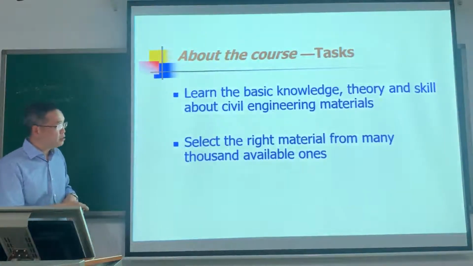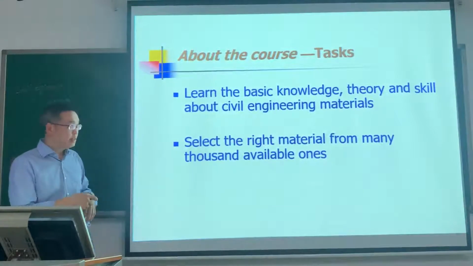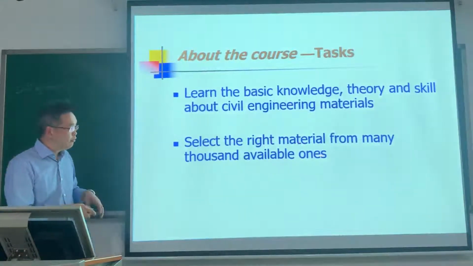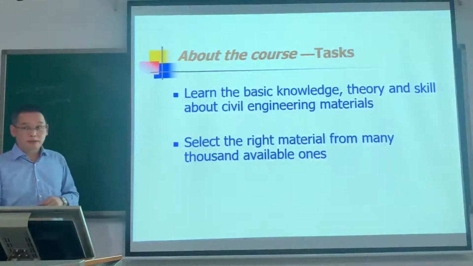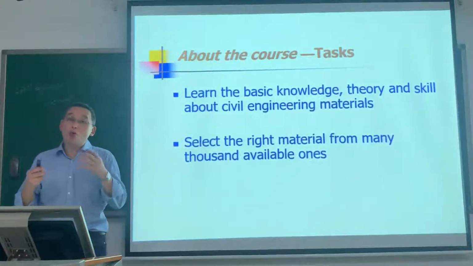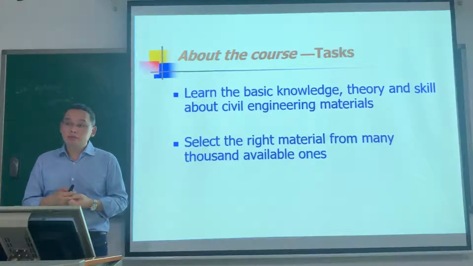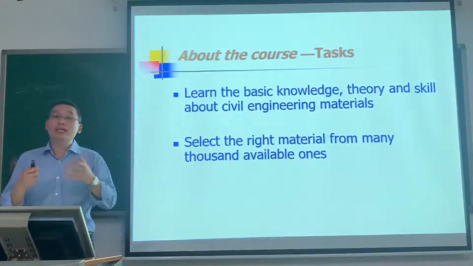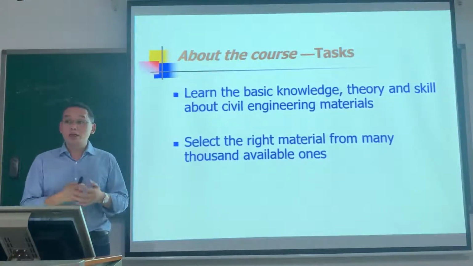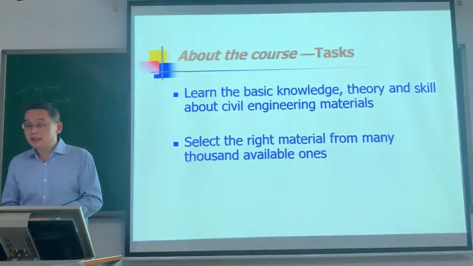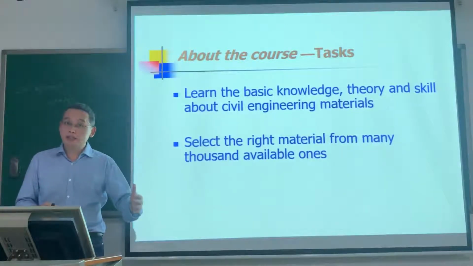And then select the right material, for many thousand available ones. If we want to build a house, we need to know what kinds of materials we need to choose. For example, the cement.